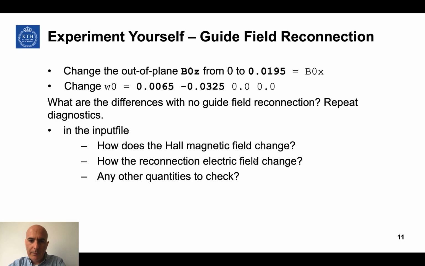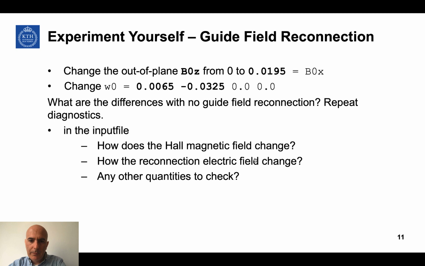One thing I would like to suggest is to do some more experiments. Probably the most interesting experiment is to start from the simulation that I've shown you, change the input file, and simulate a case to which a guide field has been superimposed.